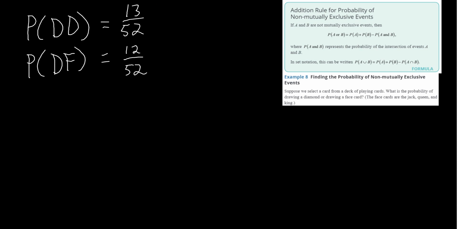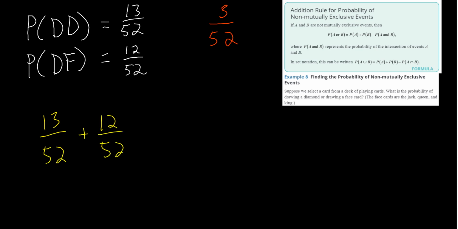So how should we write this? Well, we'll just put it up here. There are 3 out of these 52 that overlap. So the way we set up this problem is we just say 13 out of 52 plus 12 out of 52, and then we minus 3 out of 52.